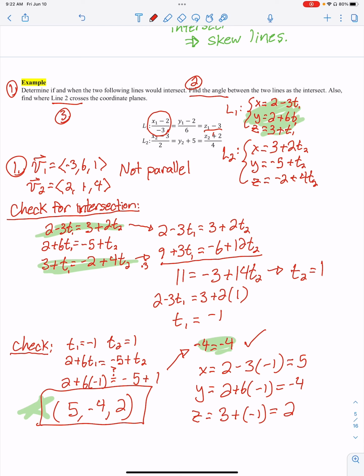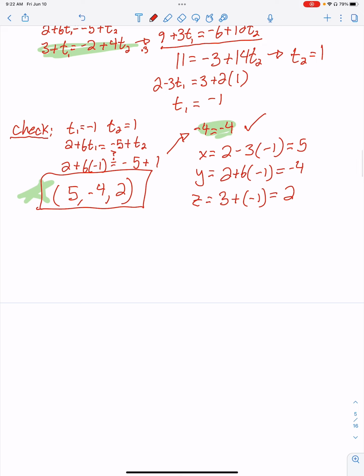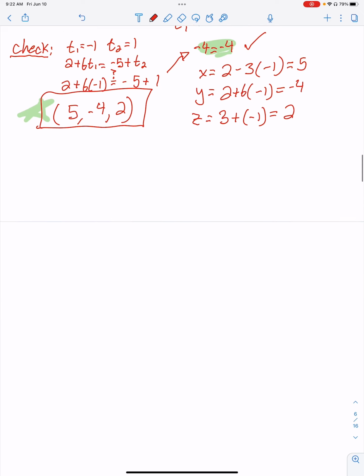So the angle between, we need to think about it for a moment. Let's think about the directional vectors. Think about V1 and V2 for these lines. The angle between my V1 and V2 should be the angle between my lines as well, because V1 and V2 actually run the same direction as the lines. So I'm going to write that down.